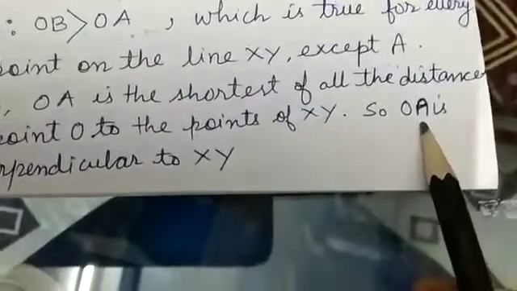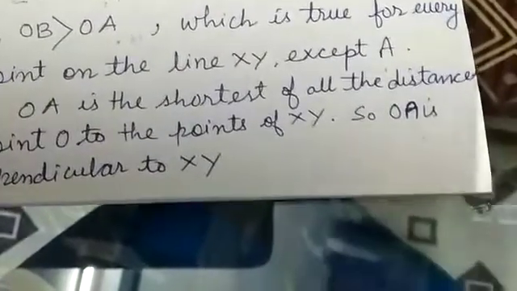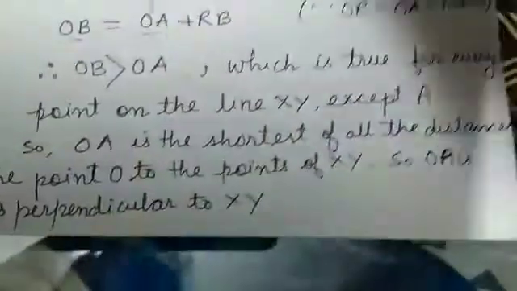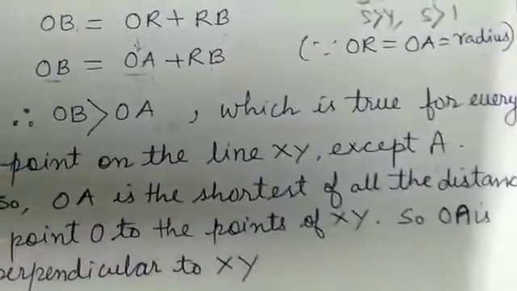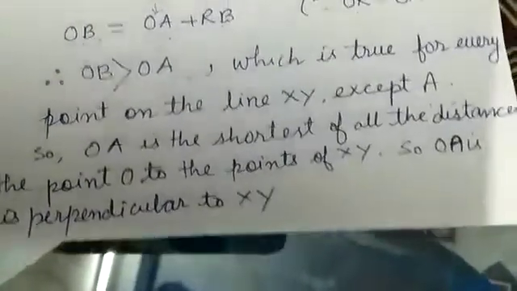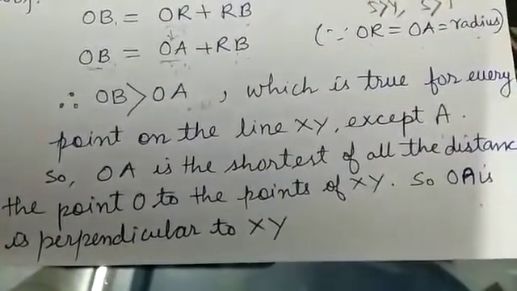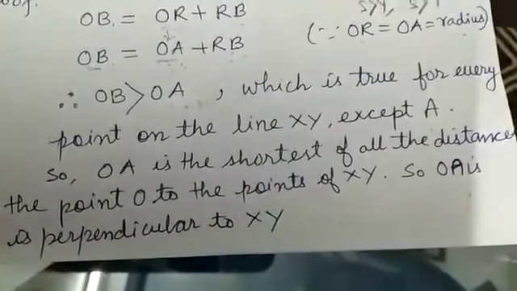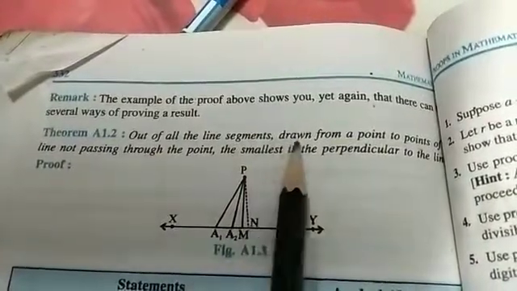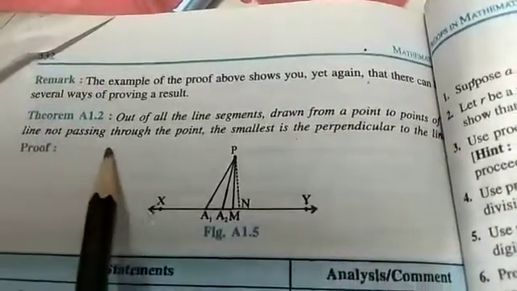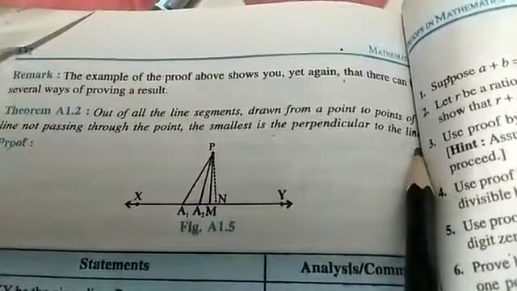If you look at page number 332 in your old book, or theorem A1.2 in the new book, just before exercise A1.6, it is given there: of all the line segments drawn from a point to the points of a line not passing through the point, the smallest is the perpendicular to the line.